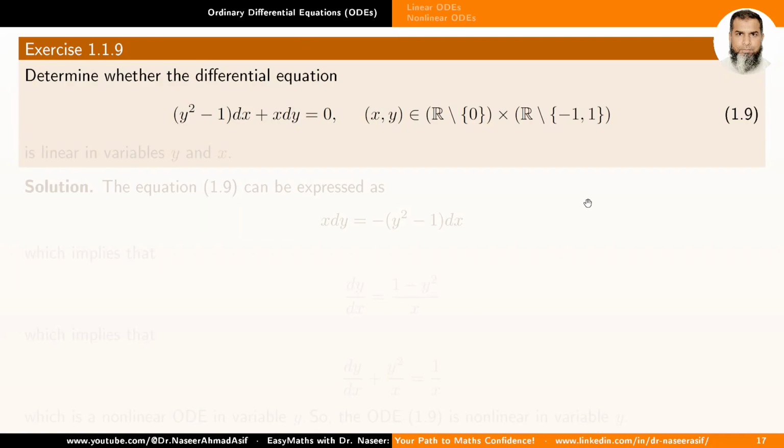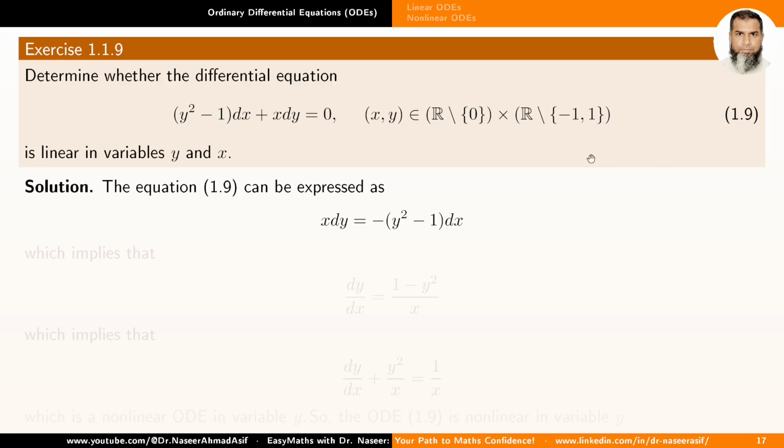We'll see another question. Determine whether the differential equation (y square minus 1) dx plus x dy is equal to 0, where x belongs to R other than 0, y belongs to R other than minus 1, 1, is linear in variables y and x. Let's see the solution of this.